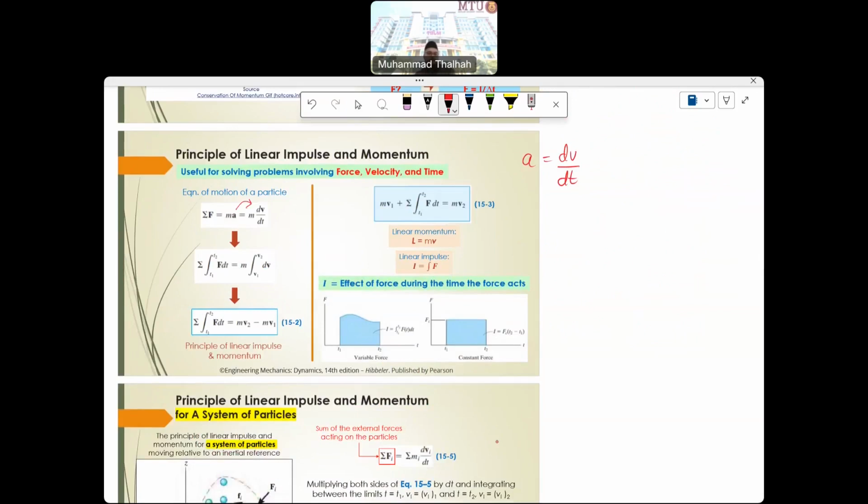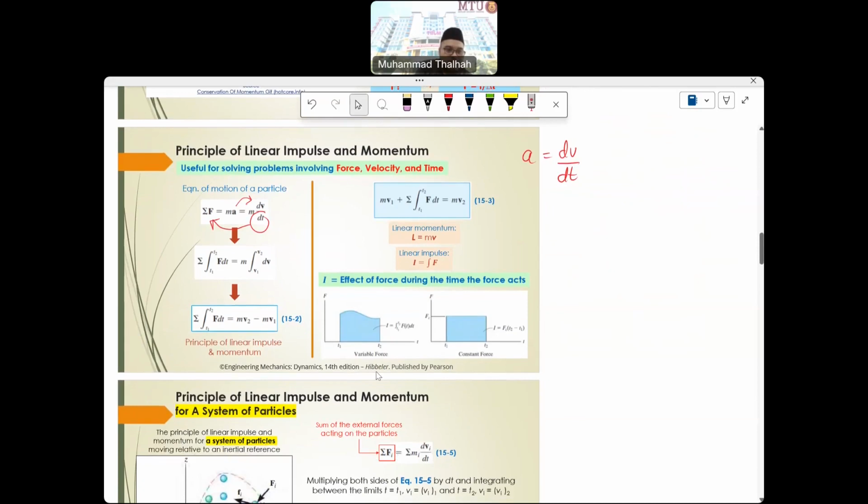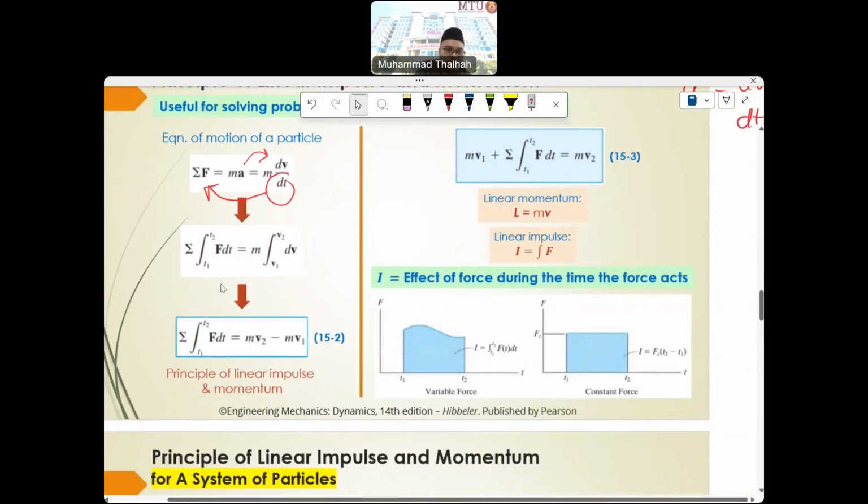And when you bring the dt over to the left hand side, and you integrate the impulse with respect to time, can you guys see this one? There's a t term there, t1 until t2. Because there's the integrand dt, you have to put the lower and upper boundaries as t, the time, and the one left is m and the integration of dv.